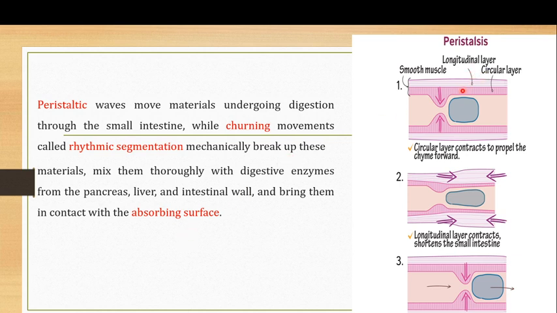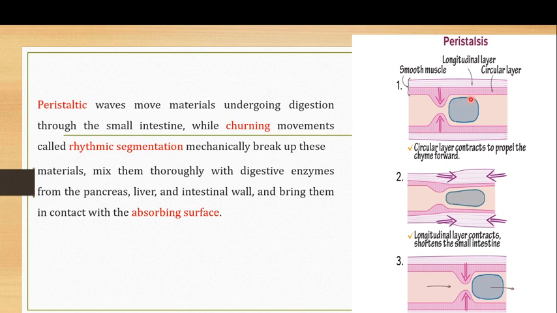When you talk about the structure of the small intestine, you have these circular muscles over here. As you can see, the ones shown in purple color are the circular muscles. Then you have the longitudinal muscles shown in this lighter color.